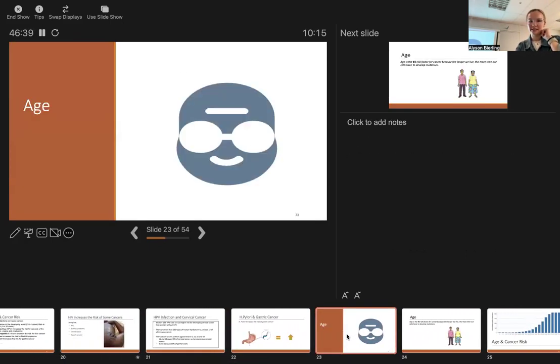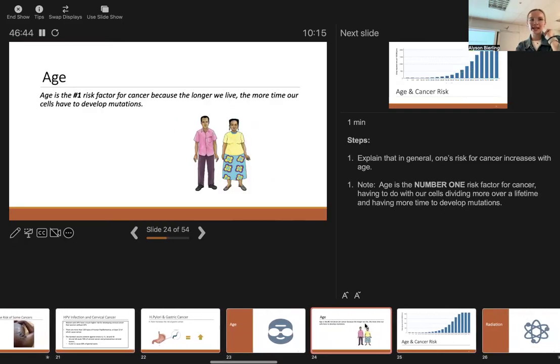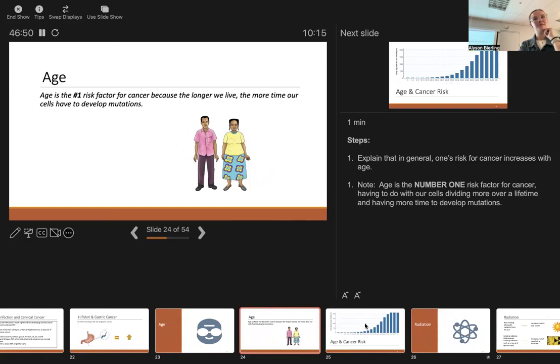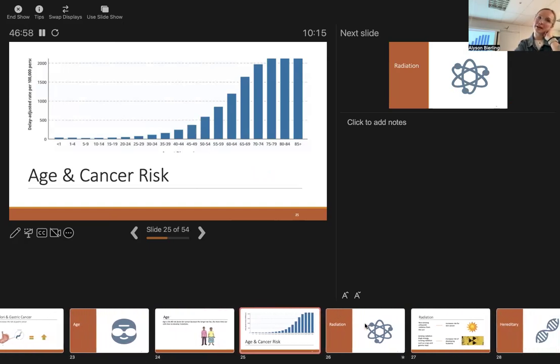All right. So next is age. Age is actually the number one risk factor for cancer, because the longer we live, the more time our cells have to develop mutations. This graph shows the risk of cancer dependent on age.